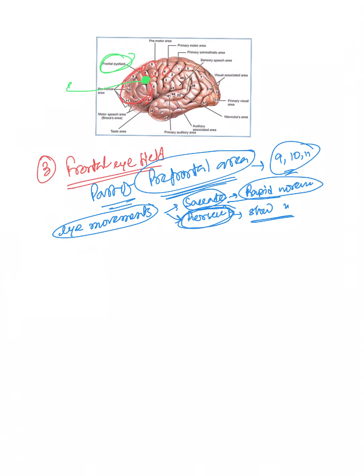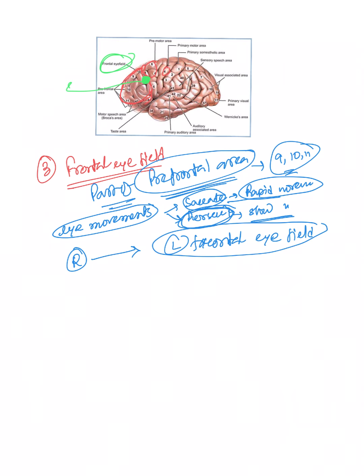So here comes the physiology. For you to look to the right side, you will need the help of the left frontal eye field. The left frontal eye field will activate and stimulate the right sided sixth cranial nerve nucleus.